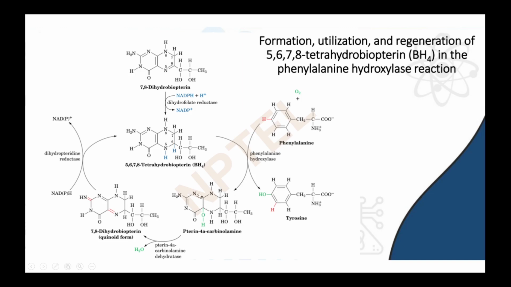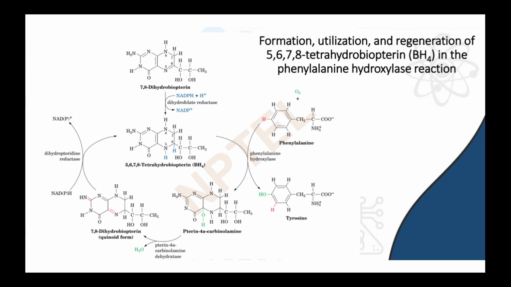Once dihydrobiopterin is formed, it is again regenerated back to BH4, that is tetrahydrobiopterin, by dihydrobiopterin reductase, which is an NADPH dependent enzyme. NADPH will be oxidized to NADP plus, and in return dihydrobiopterin will be reduced to tetrahydrobiopterin.